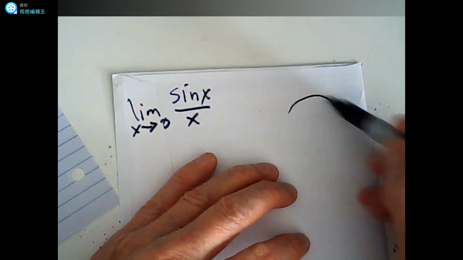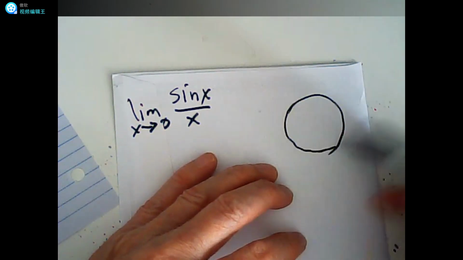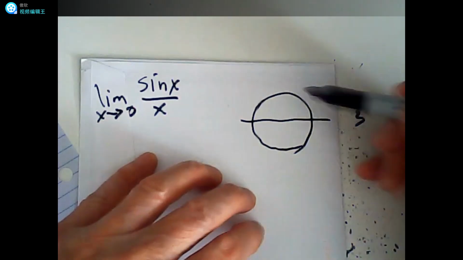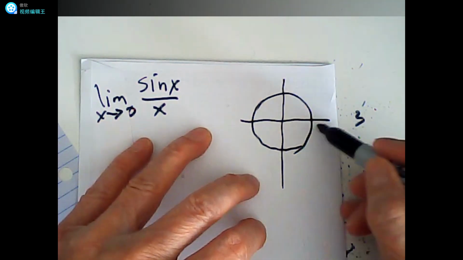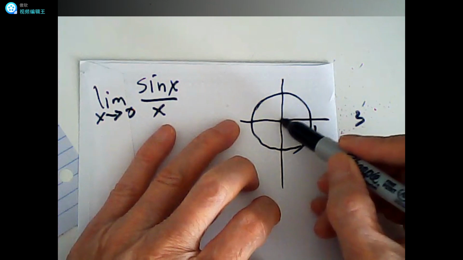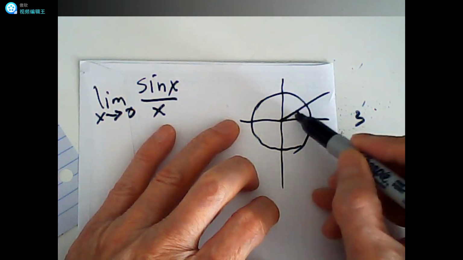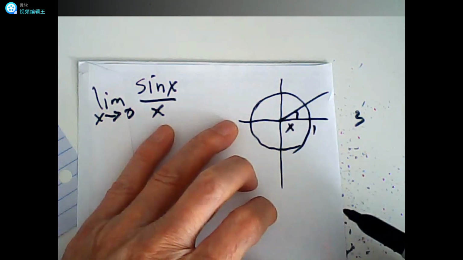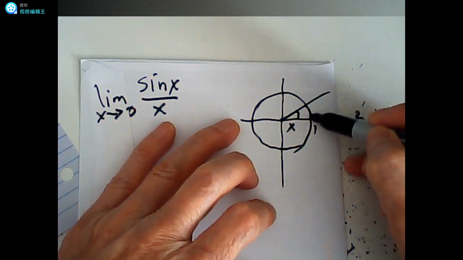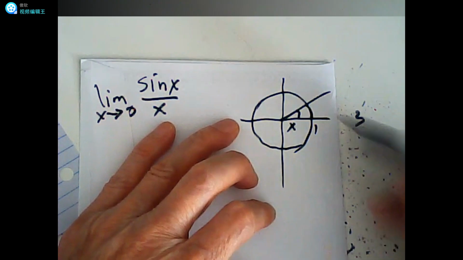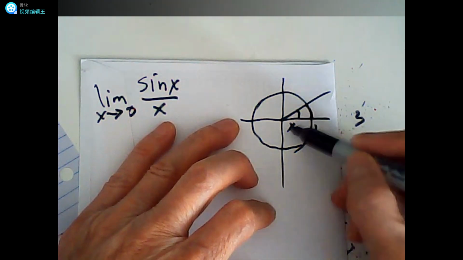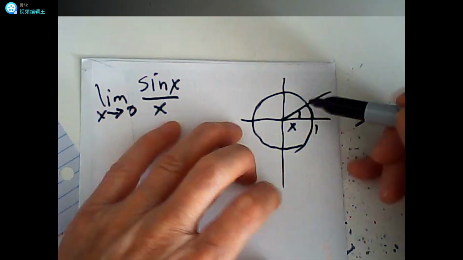We use a unit circle, a circle of radius 1. So if this angle is x, the arc length is x, in radians of course.